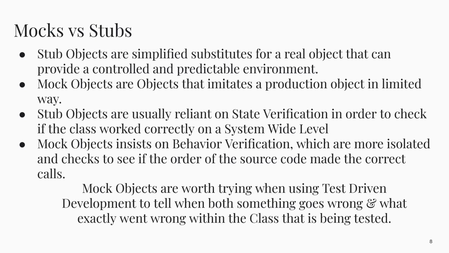If it was a mock object with mock wheels, then if one of the wheels fails, you would not only be able to tell that the car itself is actually fine, but you'll be able to tell what wheel actually got a flat tire and what exactly went wrong with the class, or with the car, to lead up to this point.